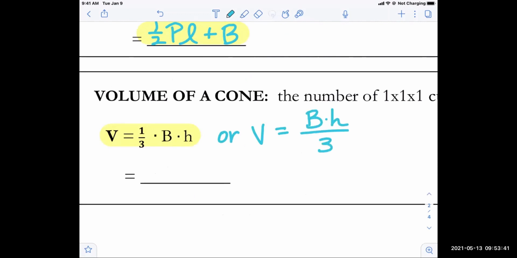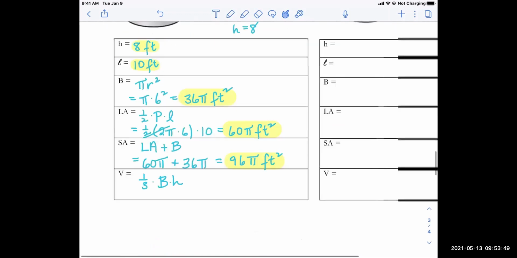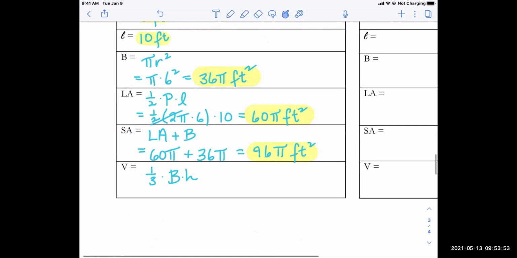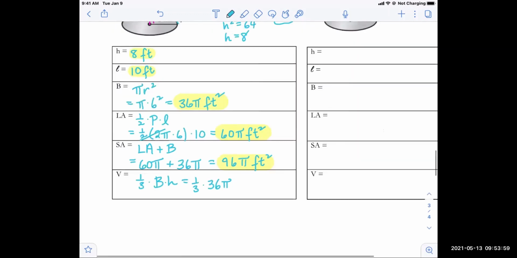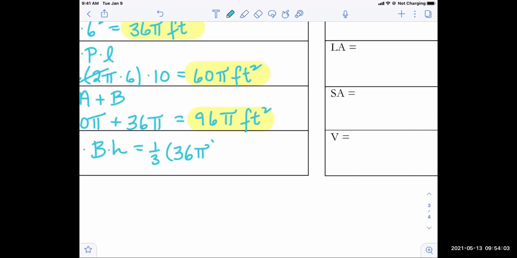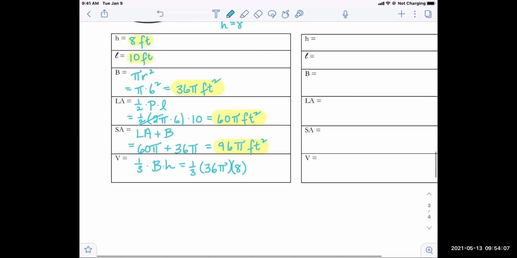So depending on the numbers, if it works better to divide by 3 than it does to mess with the 1/3, they're the same thing, okay? All right, so base area. What are we using for base area? 1/3, 36 pi we found up above. Our height is 8. And again, make sure you use height and not slant height.